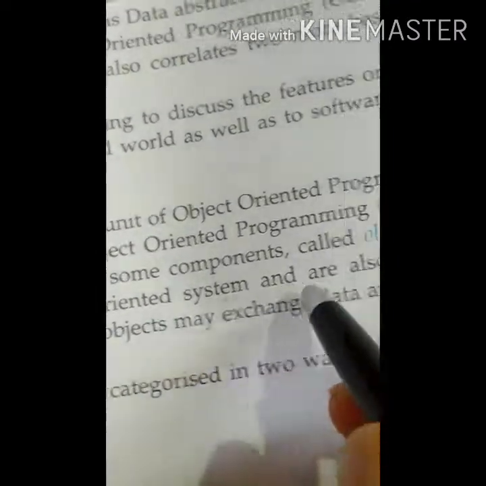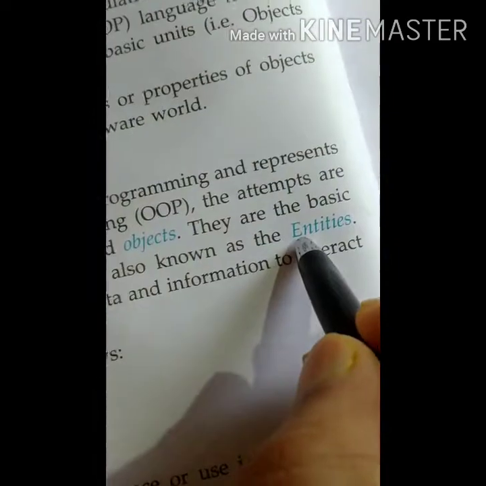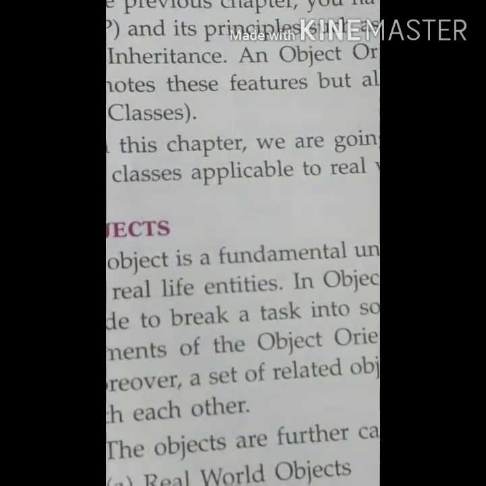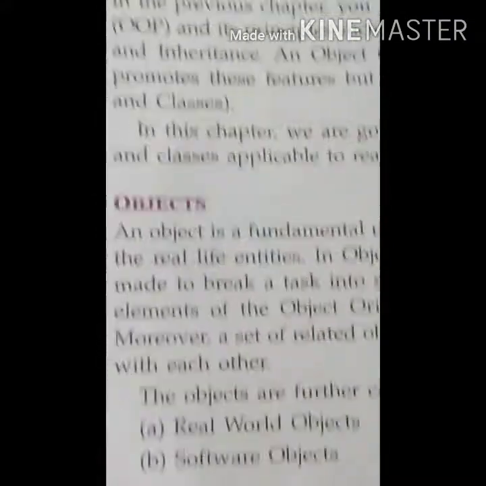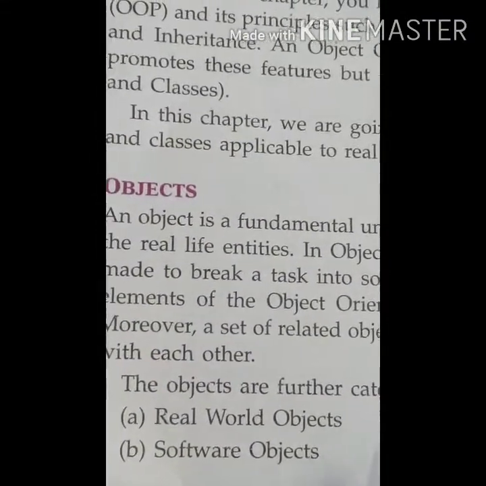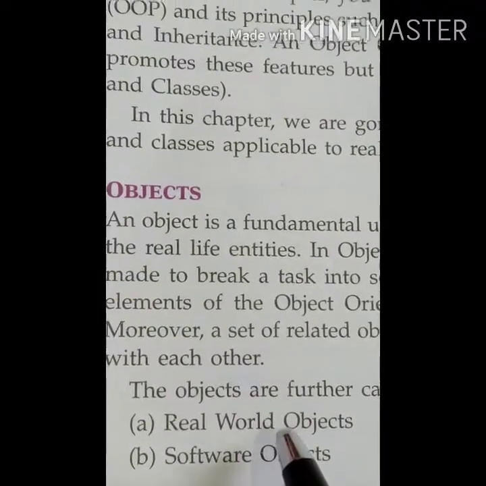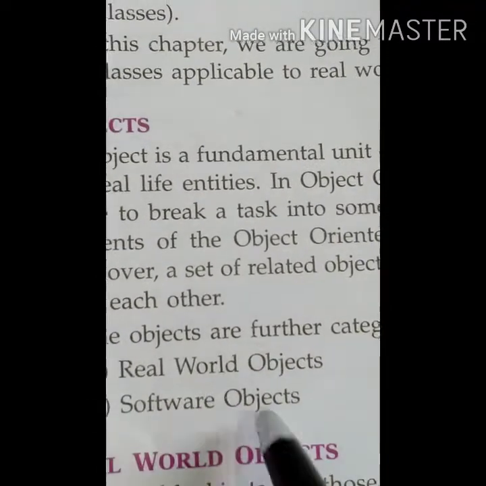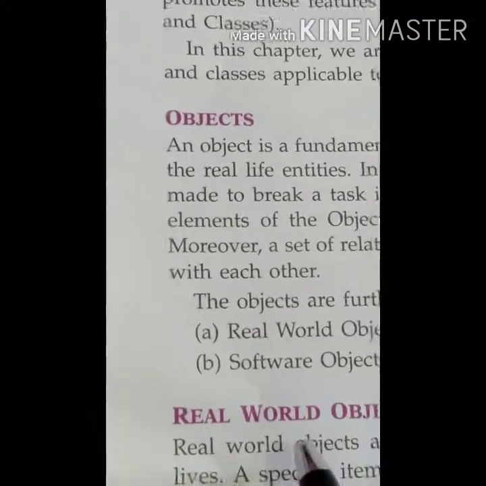So objects in an object oriented system are also known as entities. Entities are available in the world, real world entities, things. So real world object and software object, these two things we have to study here in object.